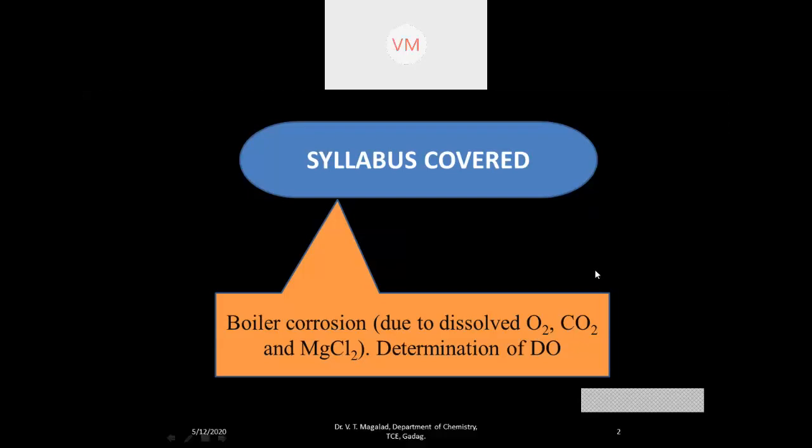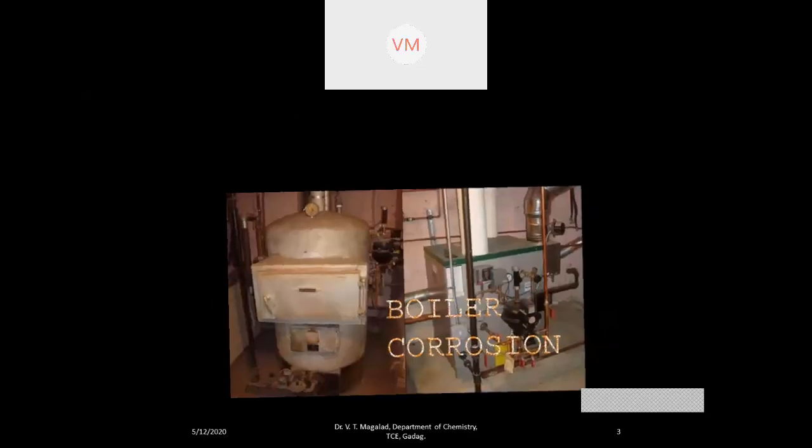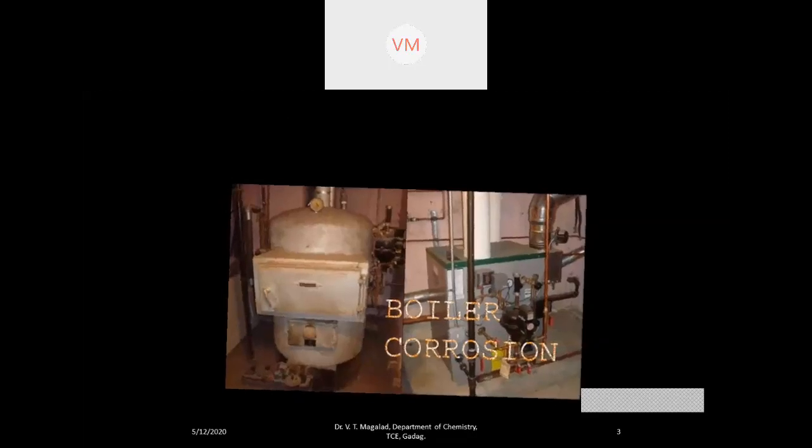In this class, as I said, we are going to discuss boiler corrosion due to dissolved oxygen, dissolved carbon dioxide, and dissolved salt like magnesium chloride, and later the determination of dissolved oxygen.